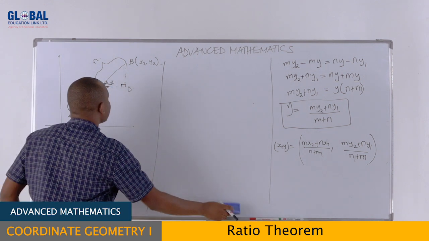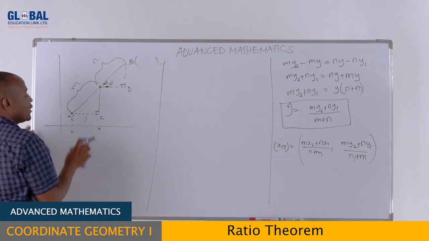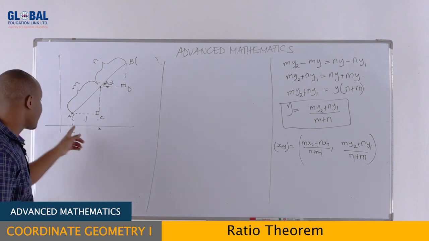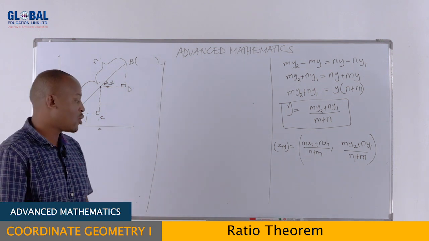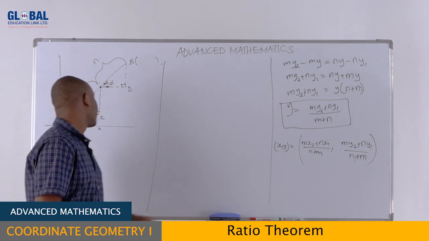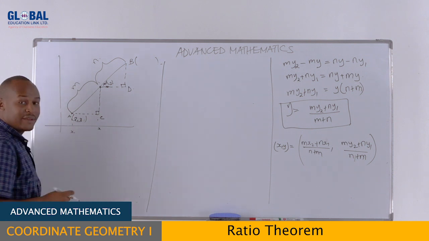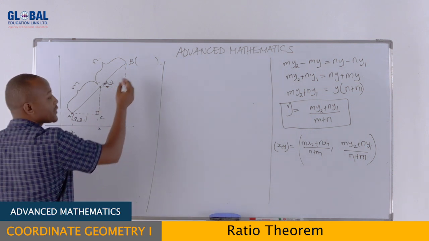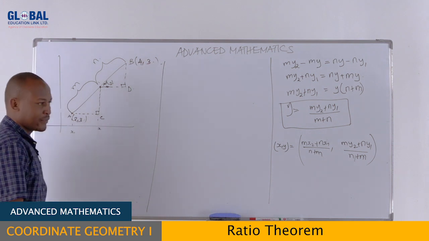I will use the diagram, but it's not that necessary for you to draw the diagram. I'm just using it to illustrate what will happen. So we have a point A that is (2, 3), and a point B that is (4, 3).